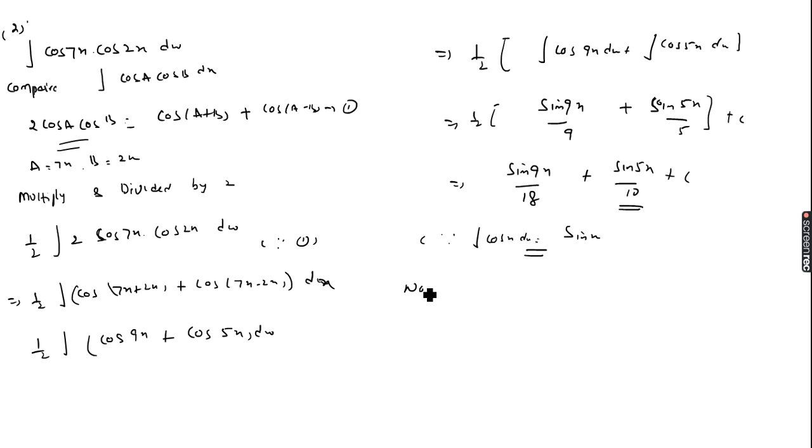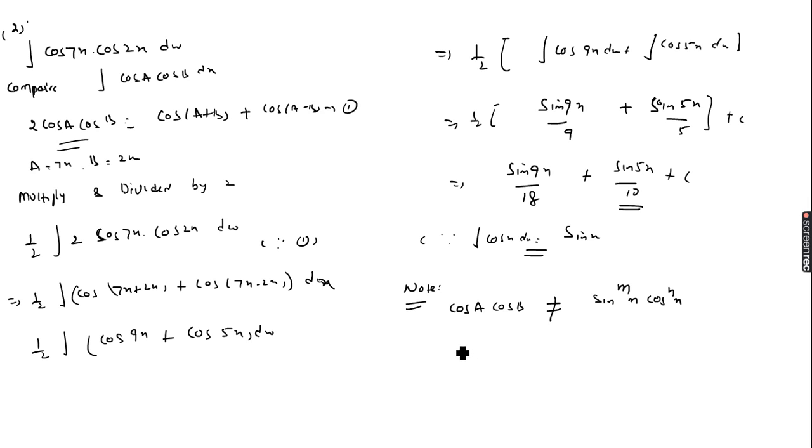Here the main note is that this form is cos A cos B. It is not equal to any other form, such as sin power mx and cos power nx.